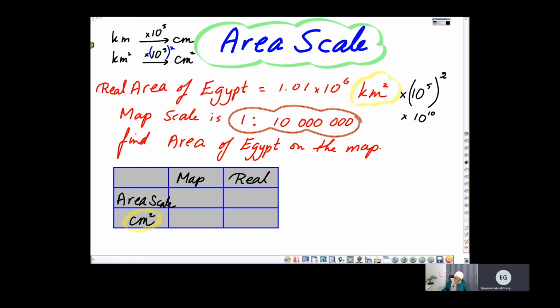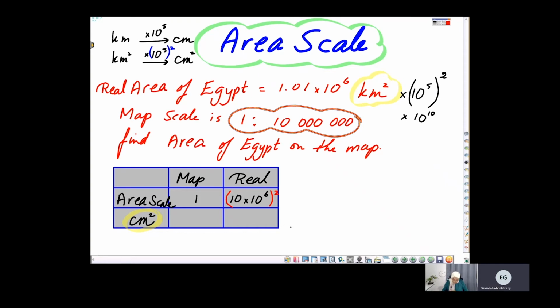So, you will write here 1 and here 10 million. May I write it like that? Yes, it's much easier. 10 million means 10 and we stick beside it 6 zeros. Remember, you have to square it. Why? Because it's not map scale, it's area scale.